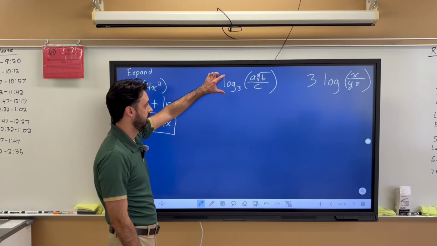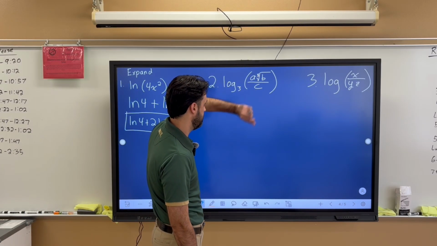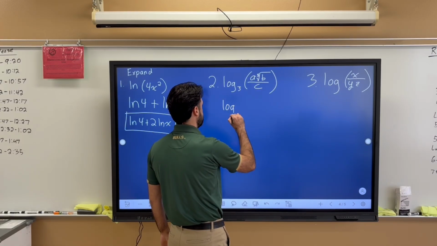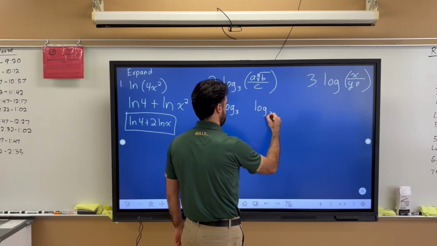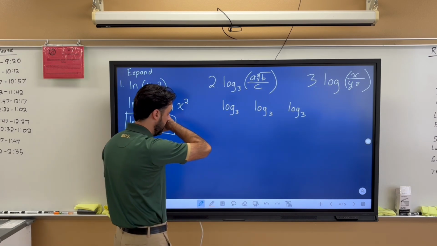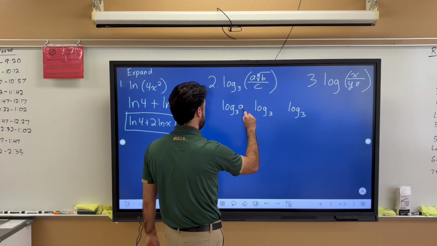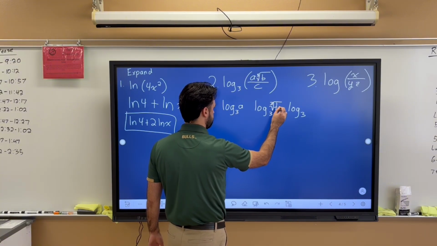All right, next one. So here we've got multiplication in the numerator, and there's also division. So we have two different operations here. So we're going to split this up into 3 logs, all with a base of 3. The two that were in the numerator, we're going to put those two first. So we're going to have a right here, and we're going to have the cube root of b right here.